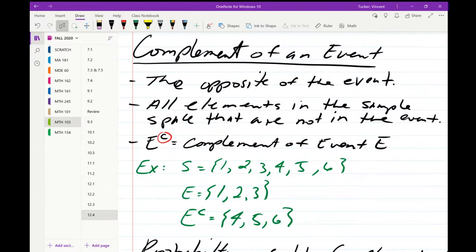So if your event is E, then E with that superscript C represents the complement of event E. That circle is not there for the notation; I was just using it to emphasize what I was talking about. So a small example: if my sample space is 1 through 6 and my event is 1, 2, 3, then the complement of that event will be 4, 5, and 6.